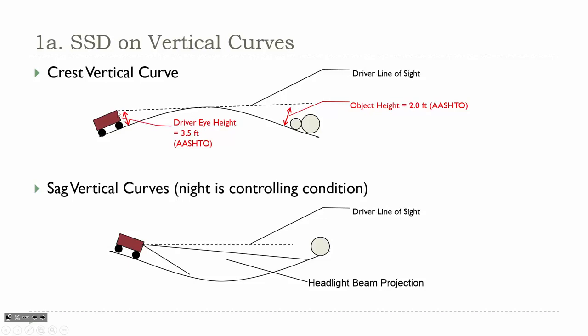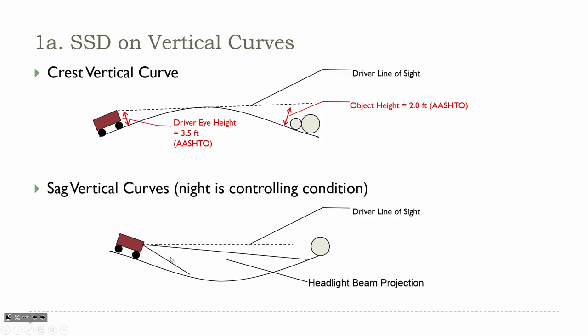So this is representing the driver's eye height, so the driver being able to see across the crest of the curve to see an object on the other side of the road. The default values are 3.5 feet for the driver eye height and 2 feet for the object height.